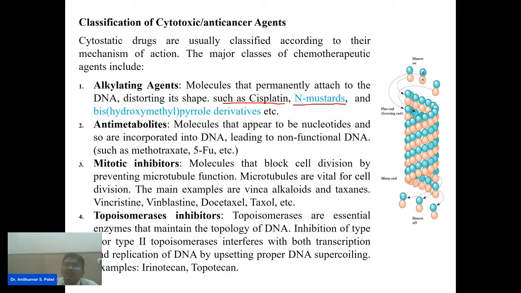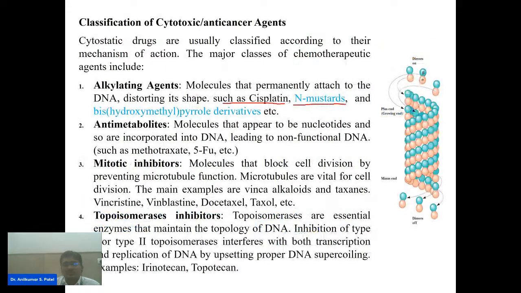For example, irinotecan or topotecan work through topoisomerase inhibition. So mainly I am going to focus here on these four classes. There are several classes in the classification of anti-cancer agents.